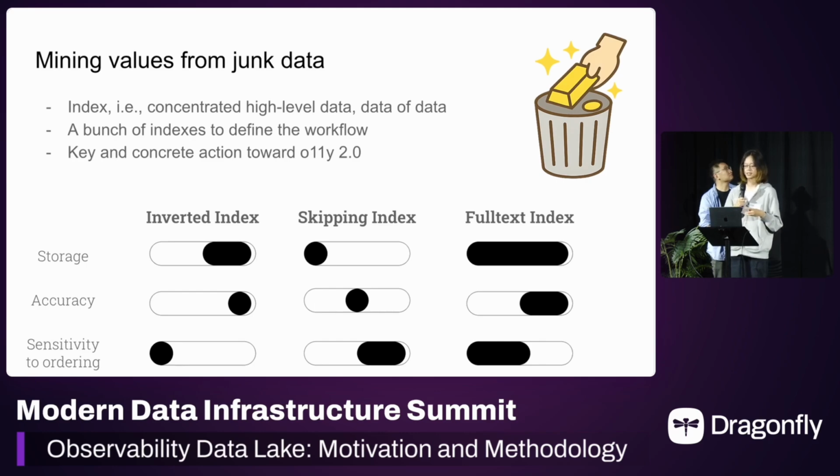On the other side, the skipping index is pretty small and also keeps good performance, but it is very sensitive to the ordering of your data. You have to give your data good ordering to release the power of the skipping index. Whereas with the full text index, you can search almost anything on top of it, but it is much more heavy compared with even the inverted index.